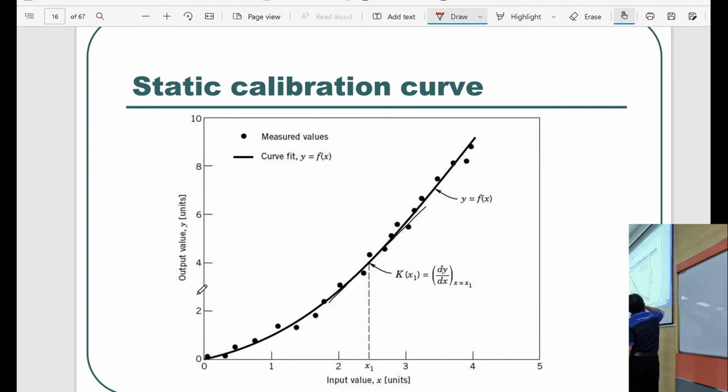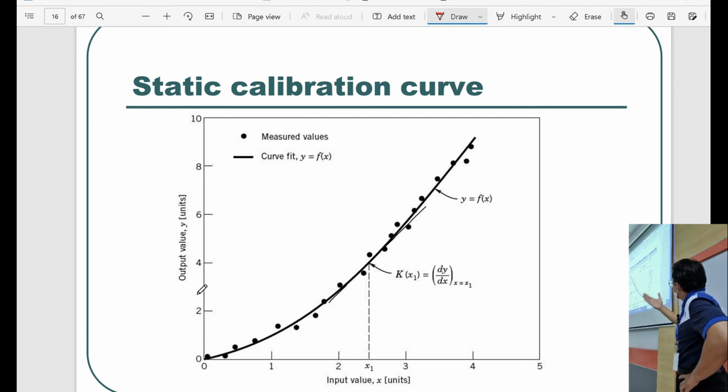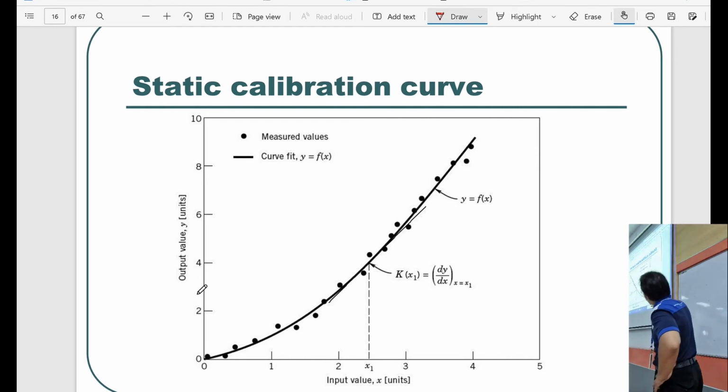So we will establish a relation between input and output, either in terms of exponential, or logarithmic, or linear. It depends on the data. For this one, I think it looks a little bit quadratic.